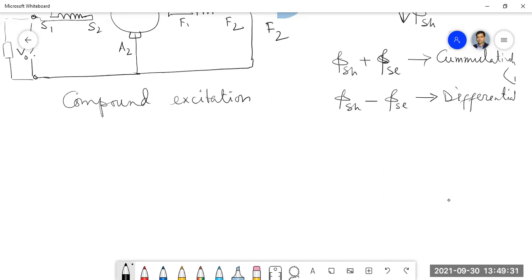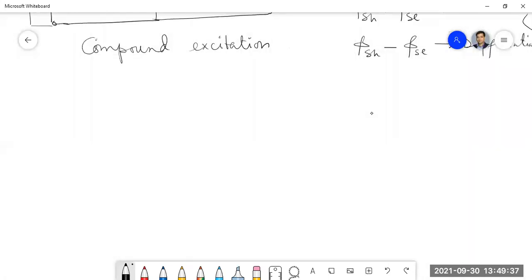Now next we'll go for the characteristics, that is called the open circuit characteristics. First we'll start with the generator, then we'll go for the motor. First we discuss the open circuit characteristics.